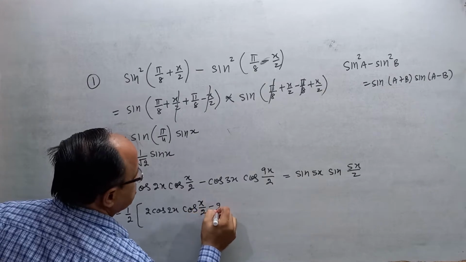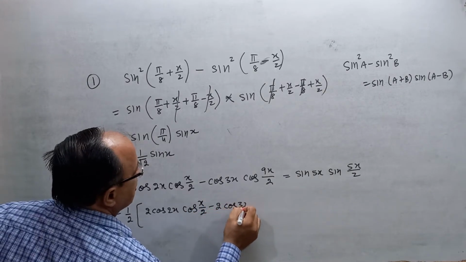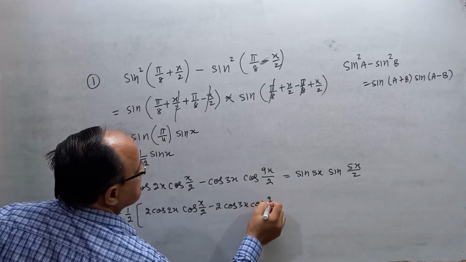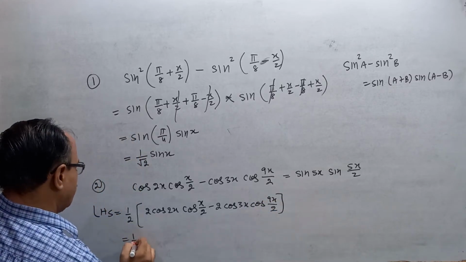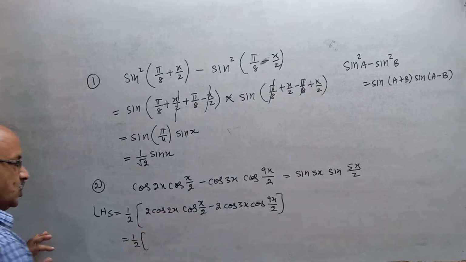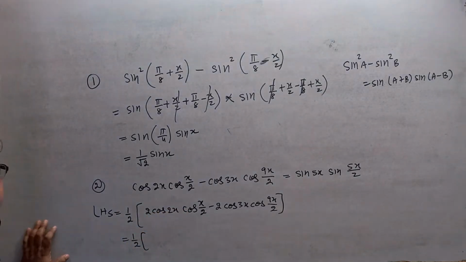Cos x by 2 minus 2 cos 3x cos 9x by 2. Now you can apply the formula 2 cos x cos y.